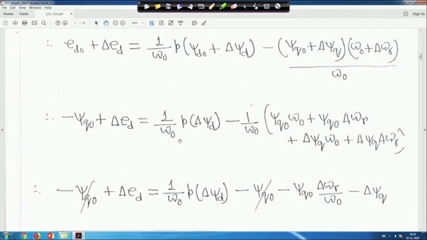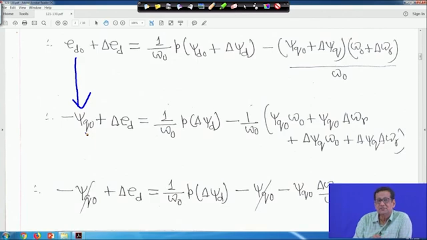There should not be any confusion: ED 0, as we have seen in the previous page, is equal to minus psi q 0, and that has been substituted here, and this one multiplied, and it is equal to whatever is coming.